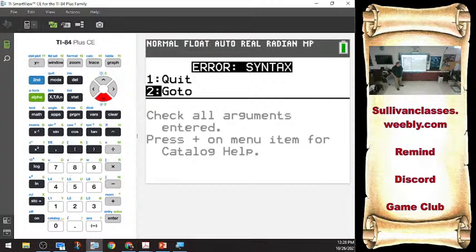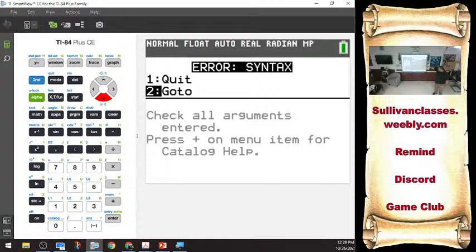If you ever run across an error syntax, syntax is the order you say things in. Like, Yoda had really weird syntax. Finish your lunch, you must. The order he said things in was weird.